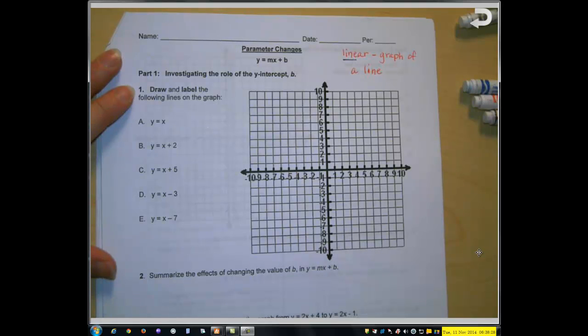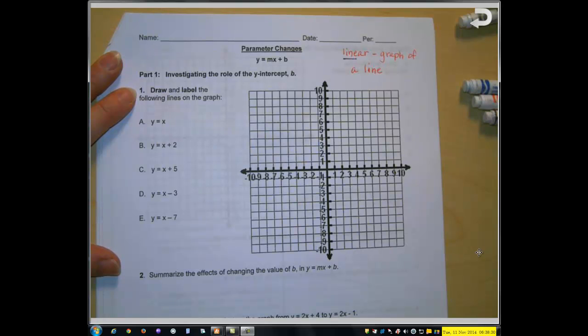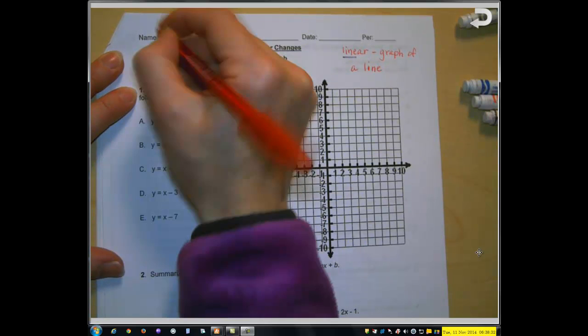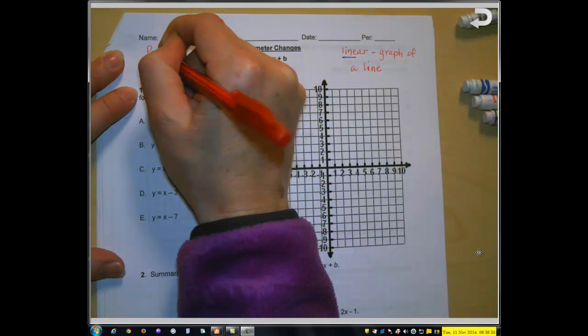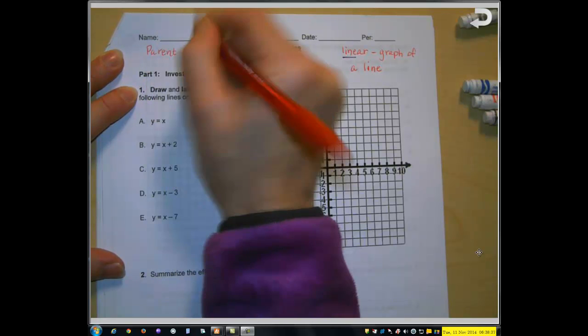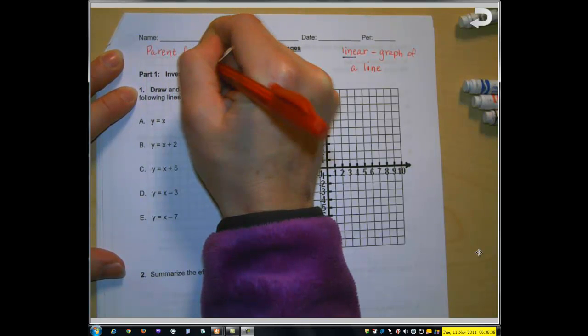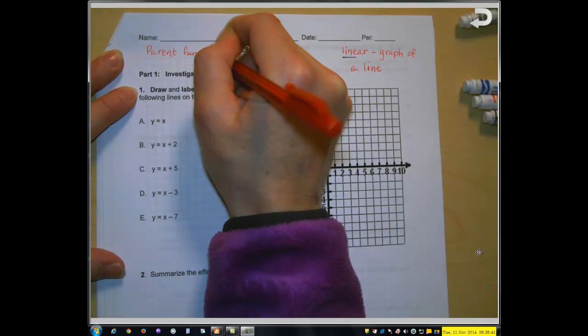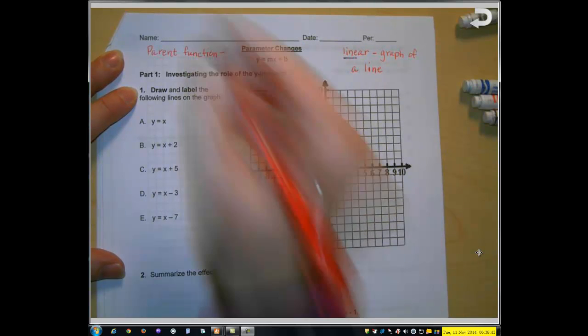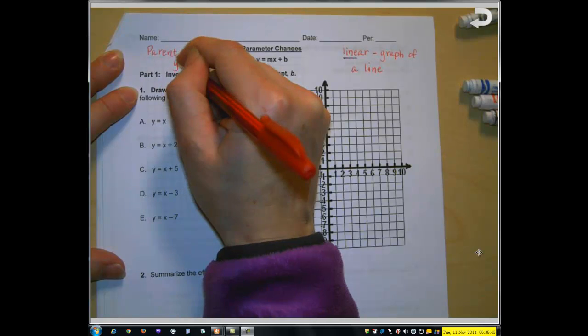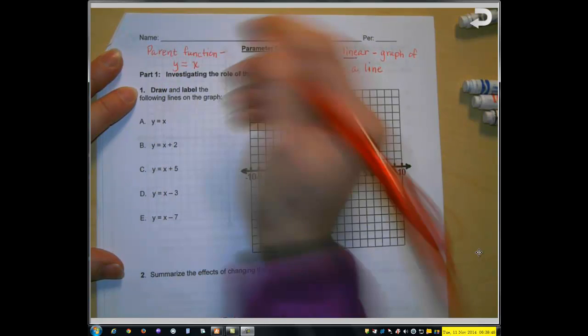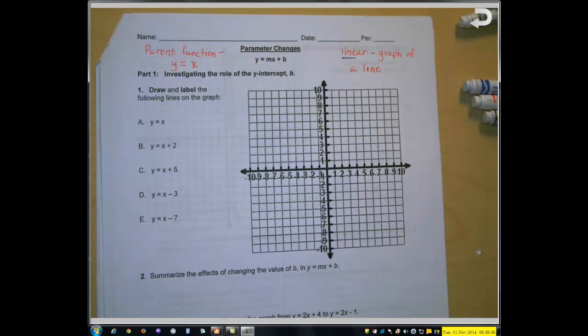Now, the most basic linear function, the parent function as we call it, is the one that started it all. It's the one that all of the other linear functions resemble. The linear parent function is y equals x. And we graphed that when we did our graphing.